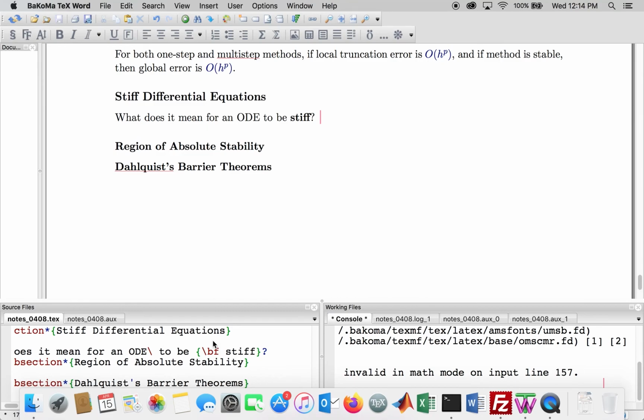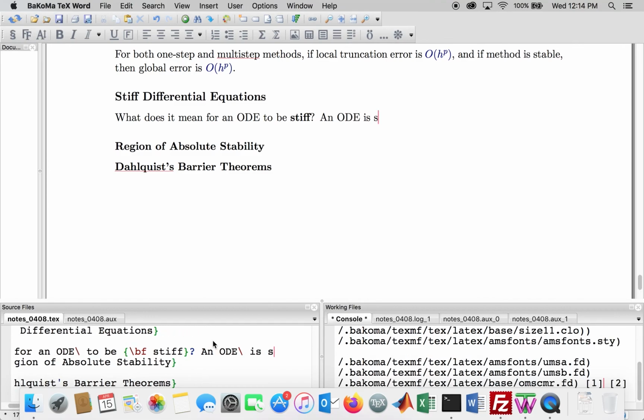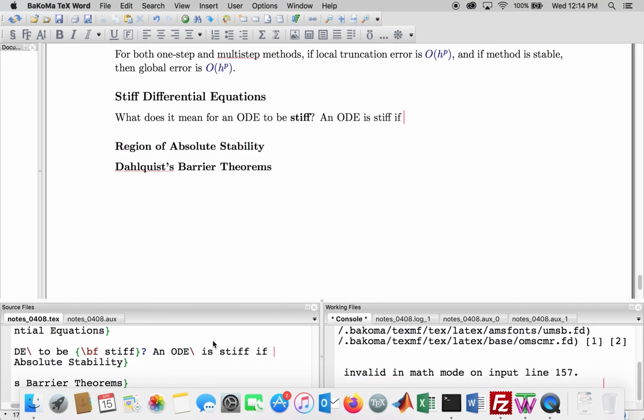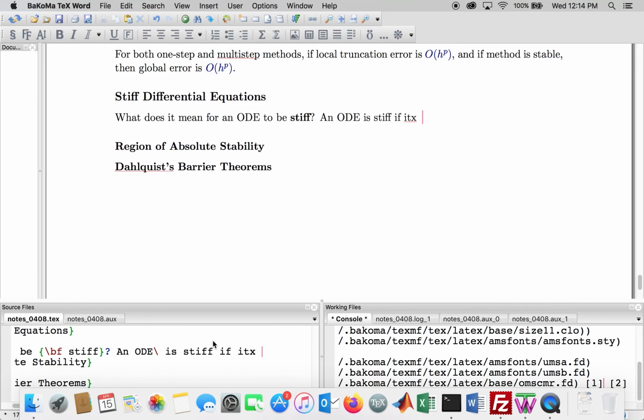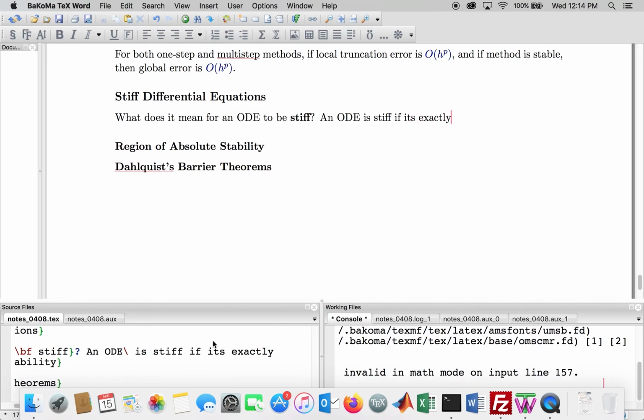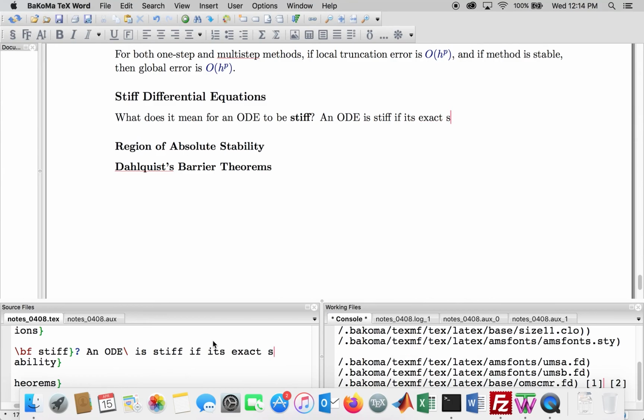So an ODE is stiff if its exact solution. This is a property of a problem, not of a numerical method, but it's certainly something that causes problems for numerical methods in general.